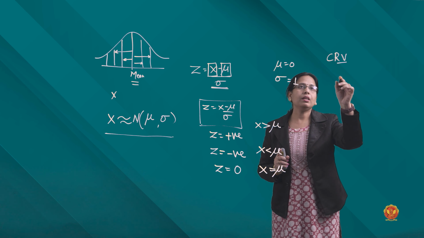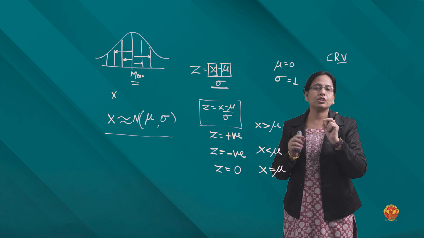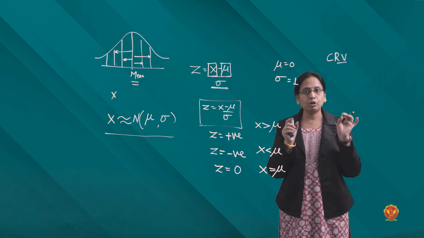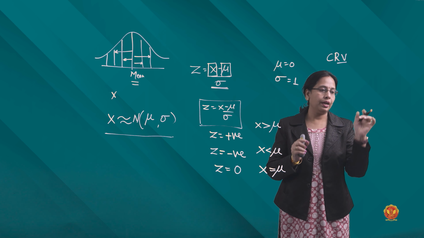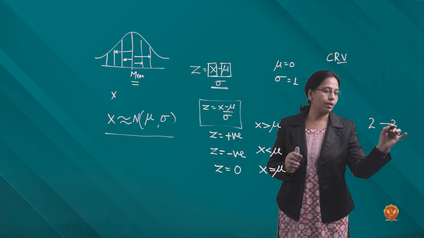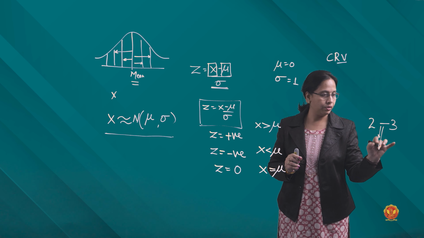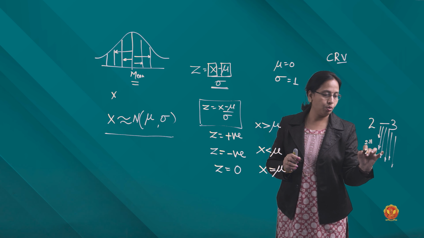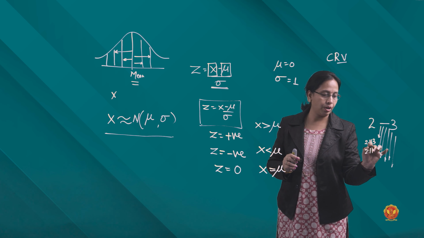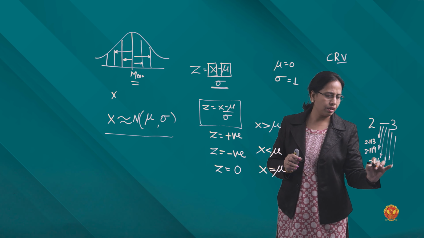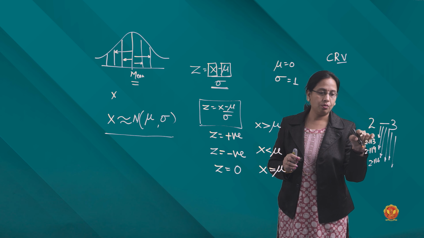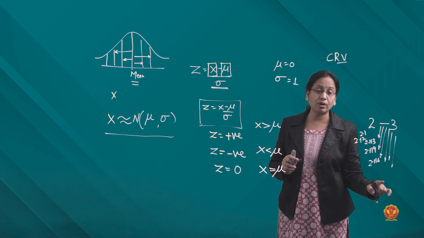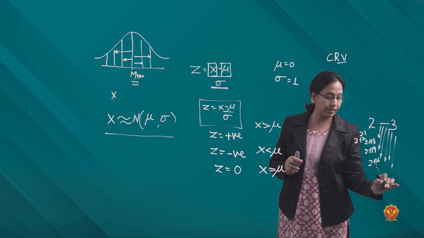A continuous random variable is a variable which can take infinite values within an interval. Between any two values, between whole numbers, within an interval, let's say for example 2 to 3, this is an interval, between this x can take infinite values, anything is possible: 2.11, 2.113, 2.1149, 2.116, from 2.1 to the first decimal 2.12, 2 decimal places, 3 decimal places, 4 decimal places, and it can go infinite.